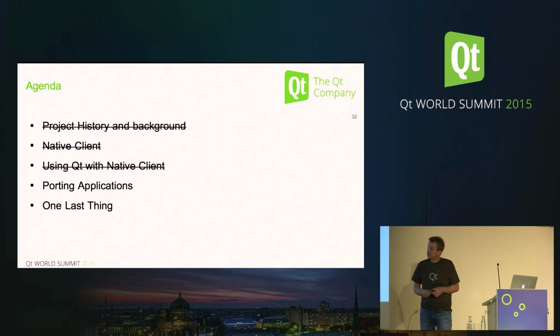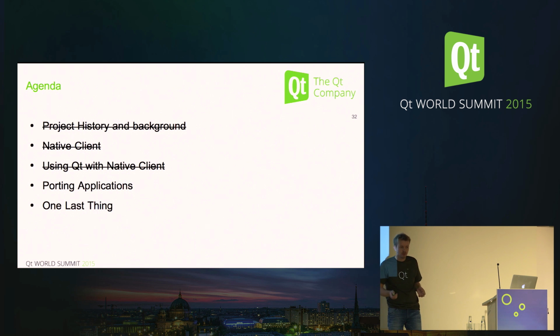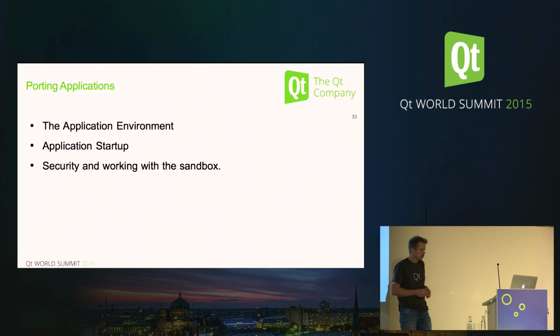So next, I'd like to talk a little bit about porting applications. What you have to do, or what you can do with your applications to make them run on native client with Qt. So there are 3 areas here. It's the application environment.